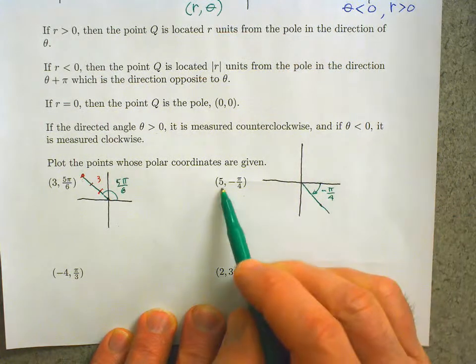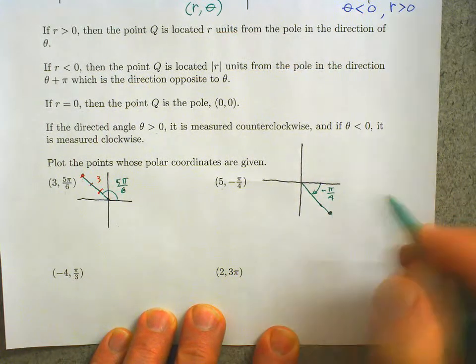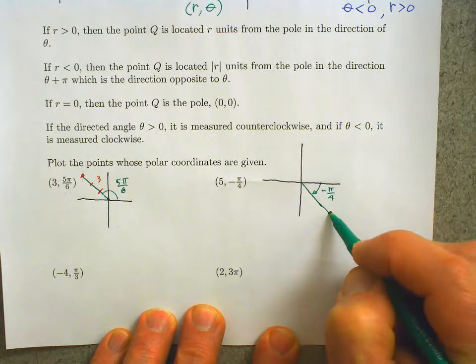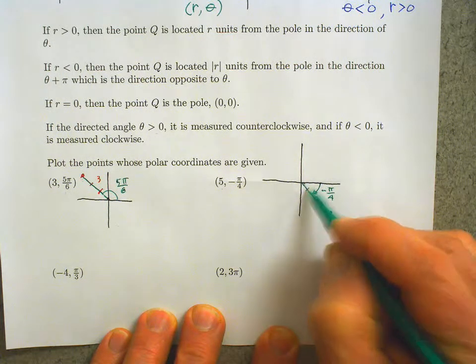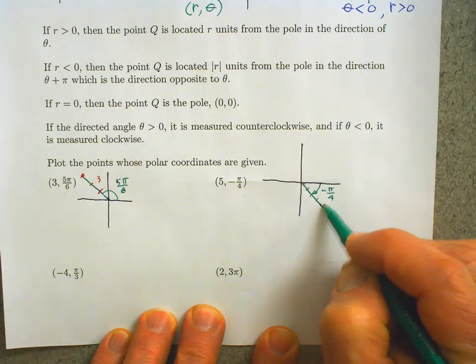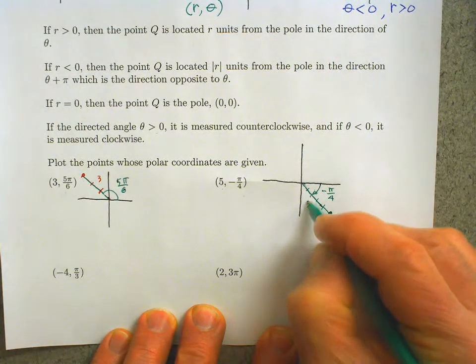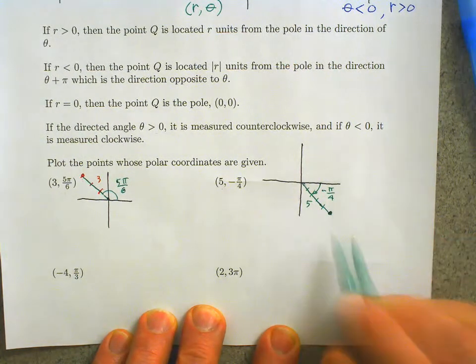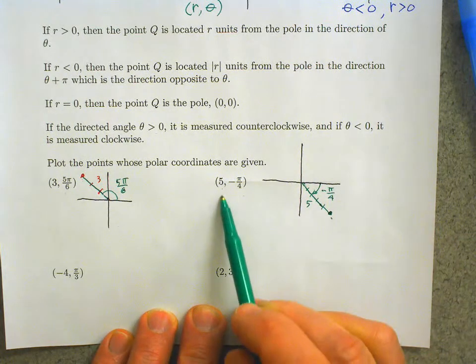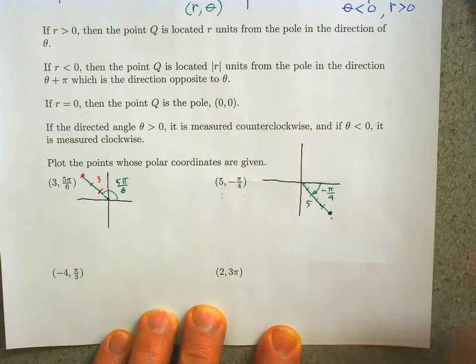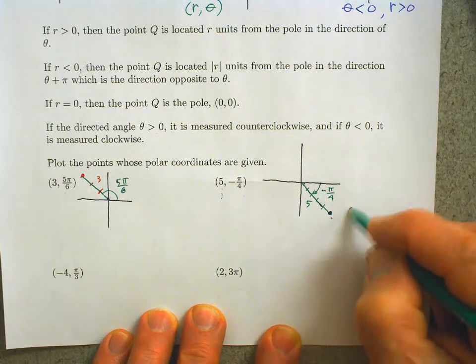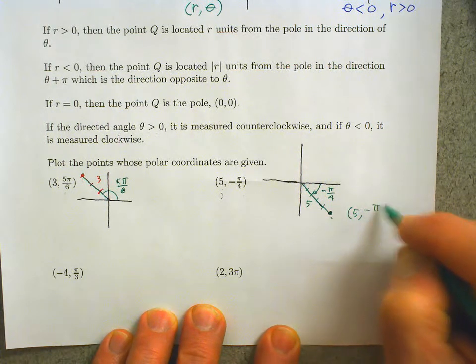And the value of r is 5. So if the length of this is 5, then this point is represented by the polar coordinates 5, negative pi over 4.